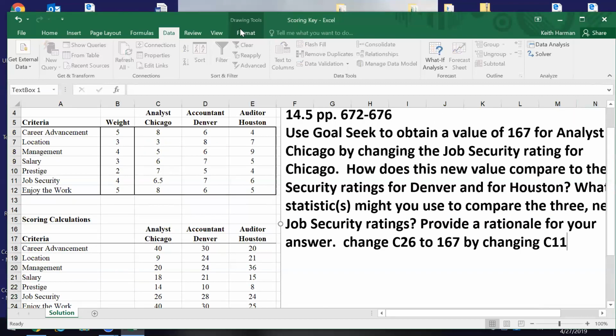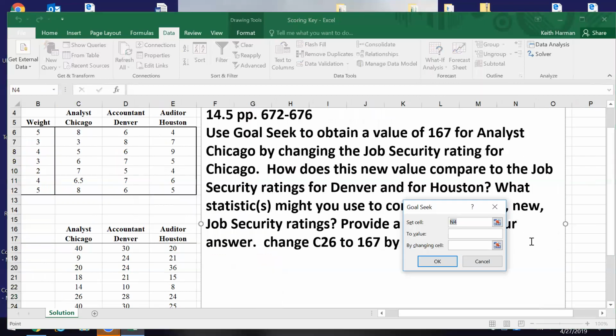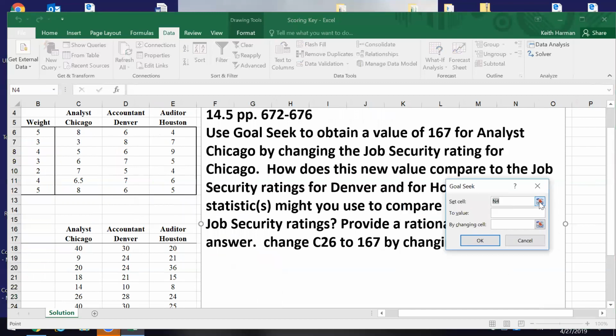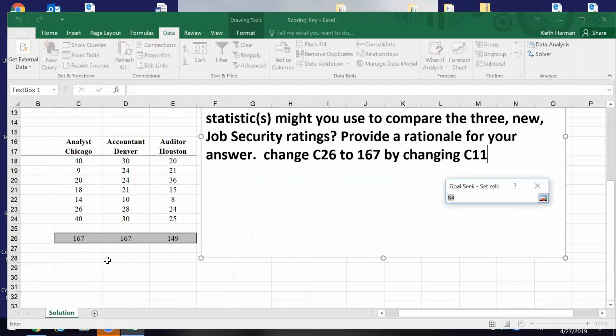Now we're ready to fly. We're now ready to do the goal seek. And I'm going to set cell C26 to 167 by changing cell C11.